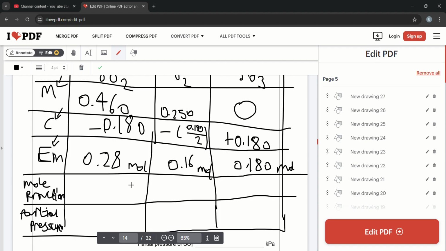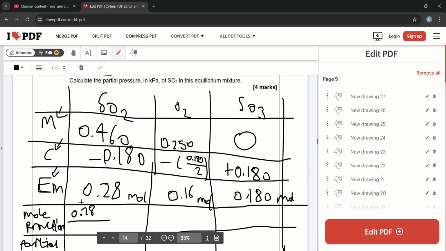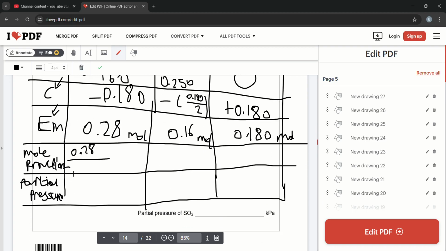Now the mole fraction is going to be 0.28 over the total moles. It's better if you just work out the total moles, which is 0.62 moles, and I usually give a mark for this just to show the addition of the total moles.